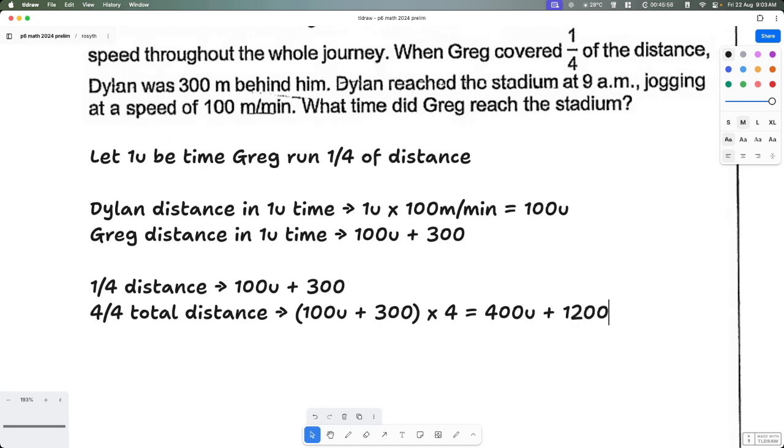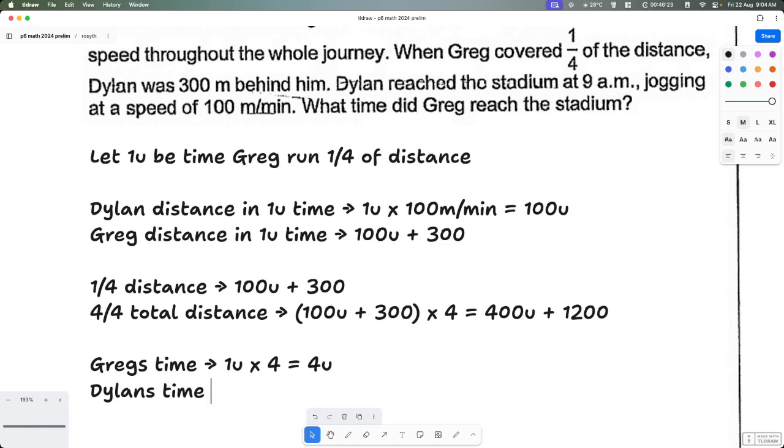Okay, so this is the total distance. Then we know that Greg's time is basically, 1/4 distance is 1 unit, so 1 unit times 4 equals 4 units. So this is Greg's time.